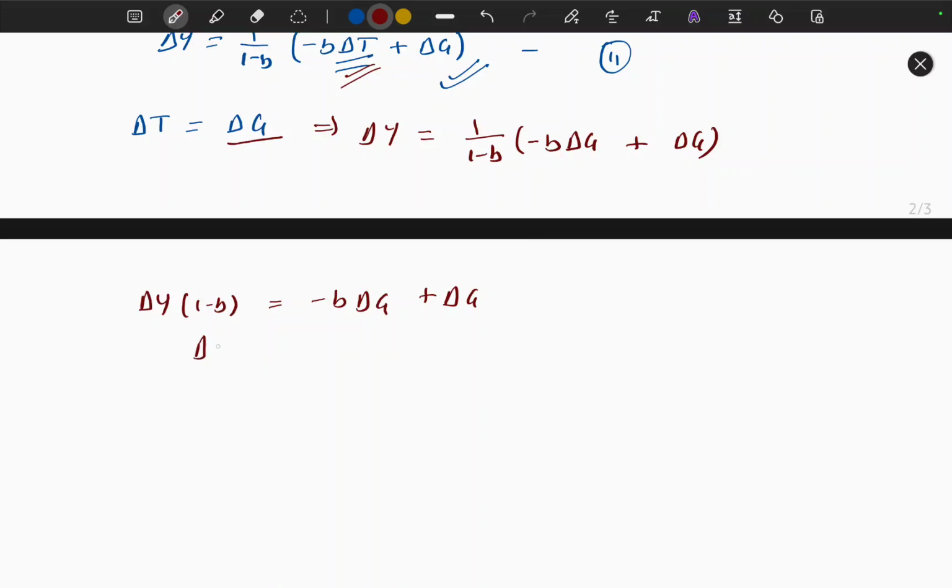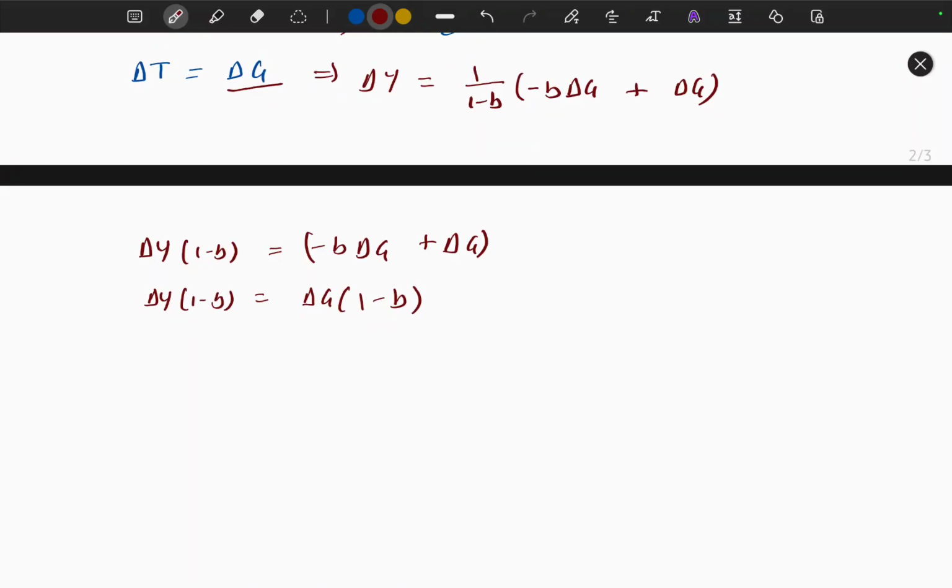Rewriting this equation, delta y times (1 minus b) is equal to delta g times (1 minus b), as I have just taken delta g common from the whole term.